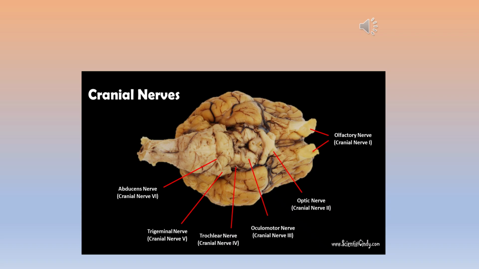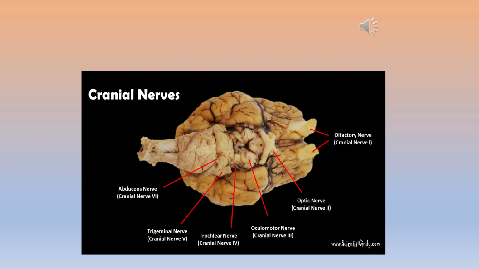Now, moving back from there, we have the crossing of cranial nerve number 2. Cranial nerve number 2 is the optic nerve. So we have a right eye, we have a left eye. Well, the actual optic nerves have been cut off, so you only have just a little bitty stump of the optic nerve there, right and left. The right and left cross, so you can see where the right and left optic nerves cross.